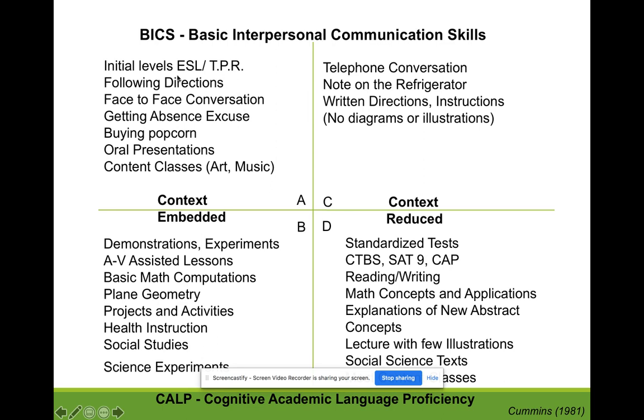But what's important to remember is that, because most of this happens in their natural life, they're getting instruction, in quotation marks, in this even outside of the classroom. This is developing more quickly. So they learn this, the basic interpersonal skills, more quickly than they learn this.